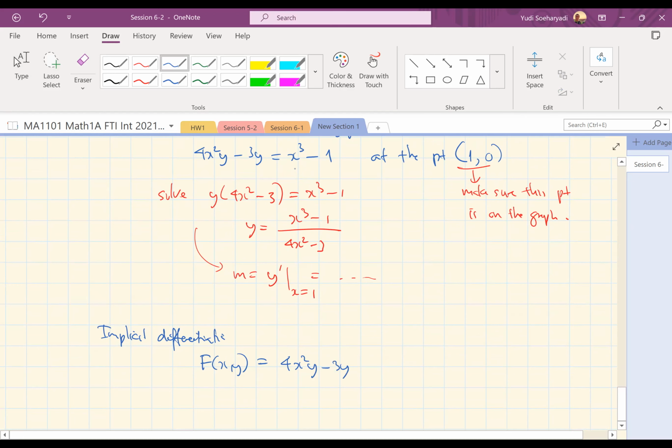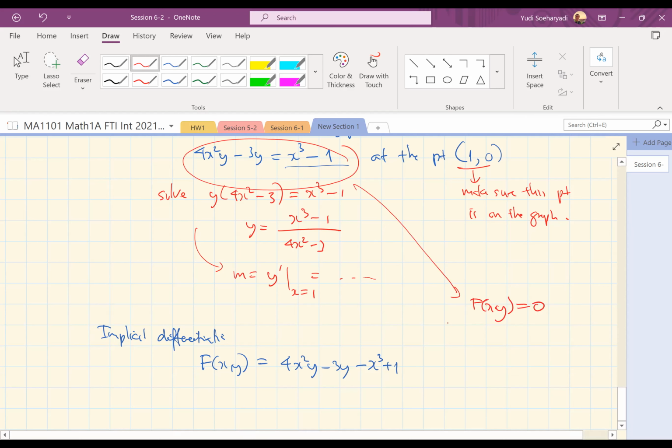So let's put this x cubed minus 1 to the left, move it here. So this expression becomes a function. This says that F(x, y) equals 0.